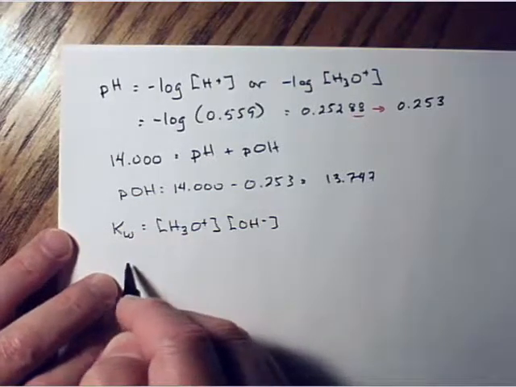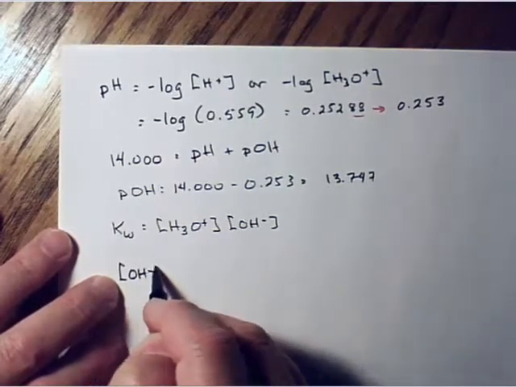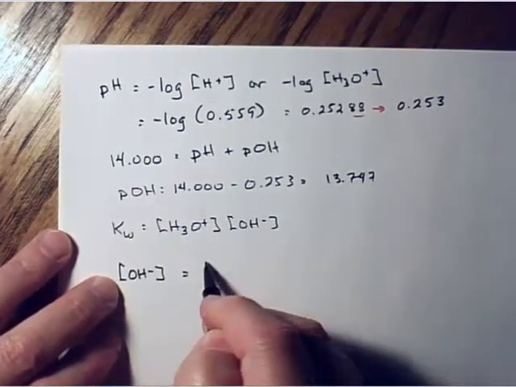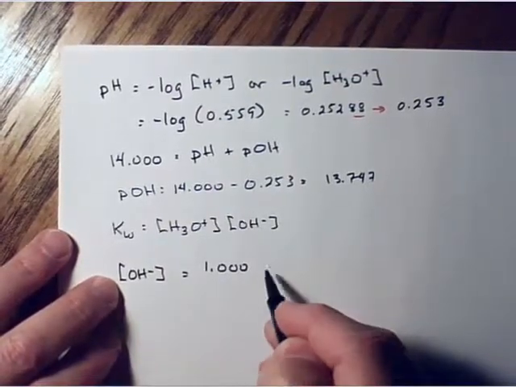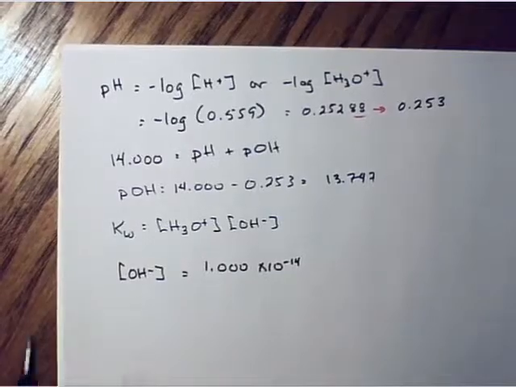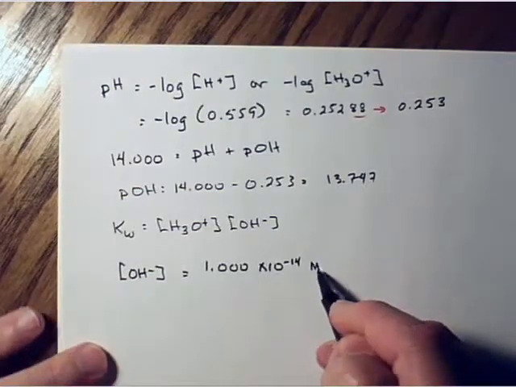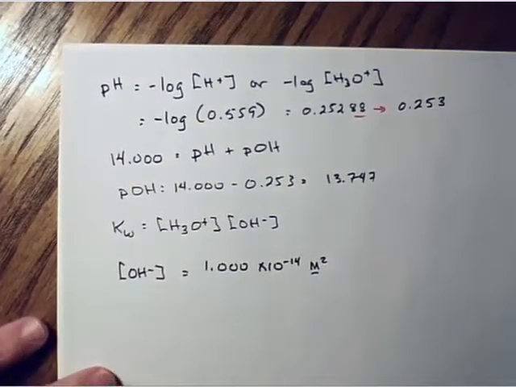Okay. So Kw, we said, is 1.000. I'm just going to put 3 zeros on here, times 10 to the negative 14. Now, the test references don't say what the units of measurement are. I want you to know this is molar squared. The values in your test references, you have to know a little more than that.